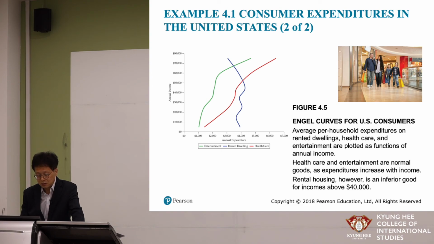What happened? As income increases, demand for healthcare increases. After this point, as income increases, demand for healthcare increases greatly, isn't it? This is the demand for a rented dwelling, showing a different pattern. As your income increases, demand for owning dwellings, purchasing apartments or houses, increases greatly.